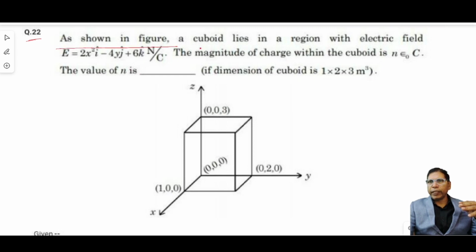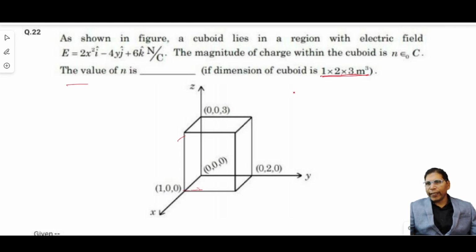As shown in the figure, a cuboid lies in a region with electric field E vector equal to 2 x squared i cap, minus 4y j cap plus 6 k cap Newton per coulomb. The magnitude of charge within the cuboid is n epsilon naught coulomb. The value of n is, now look at this, the dimension of the cuboid is 1 into 2 into 3.